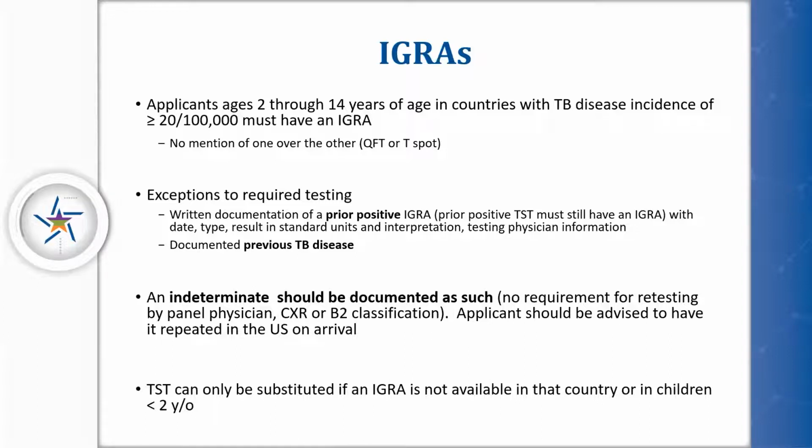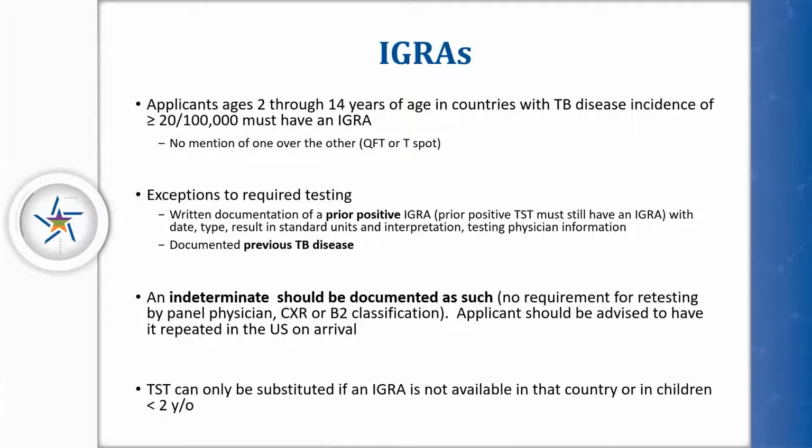It must have all of that information included, otherwise it's best to just repeat the test. And also, if there is documentation of previous TB disease, there is no need for an IGRA in that population.